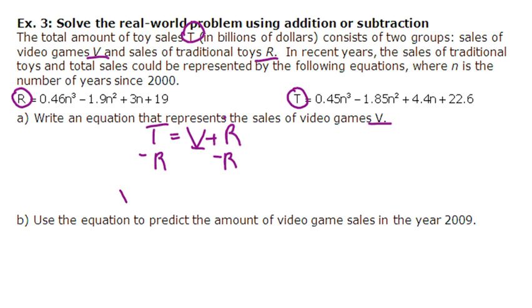So I know I can get the video game total by taking the grand total minus the traditional toys, minus R. Well, I've got these polynomials that represent this.